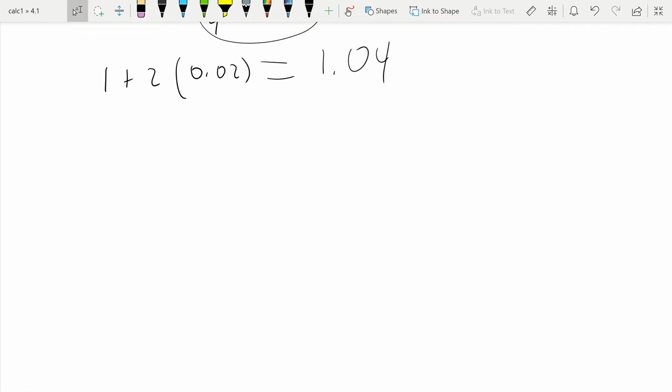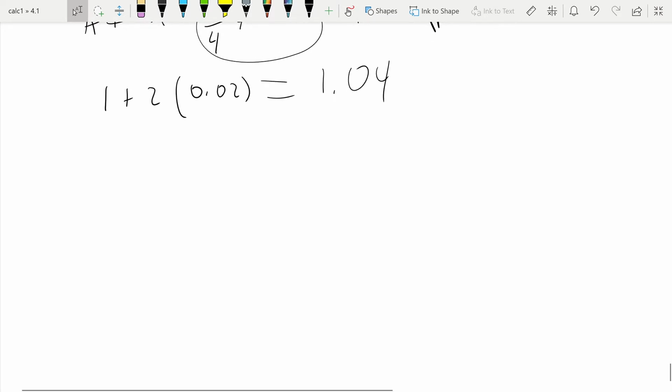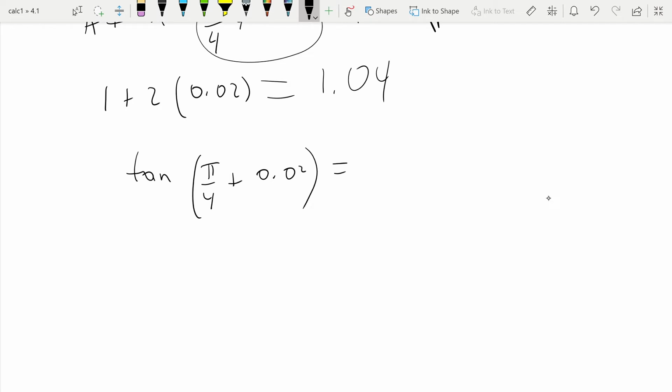Here is a point I want to draw your attention to for the next problem. How are we supposed to know the percentage error if we don't know the value of the function? How can you give a value of the percentage error if you don't know what you're trying to approximate to begin with? If you actually knew the value of the function, you wouldn't need to approximate it at that point.